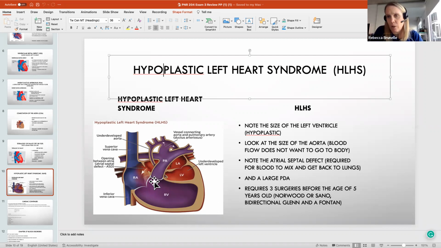A lot of times they start with the surgeries and they could end up getting heart transplants in their life, because this left ventricle is so small that it's not able to adequately pump blood through their body. It's called a single ventricle defect. They're going to get blood to their lungs and to the body by their right ventricle because their left ventricle is too small.